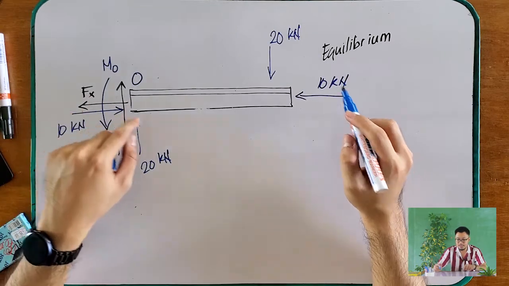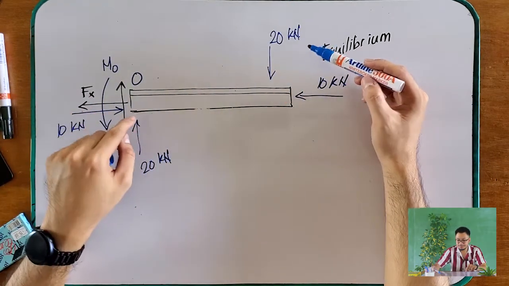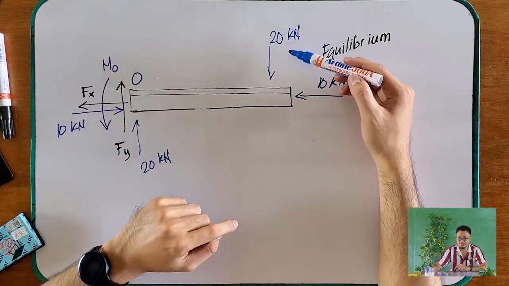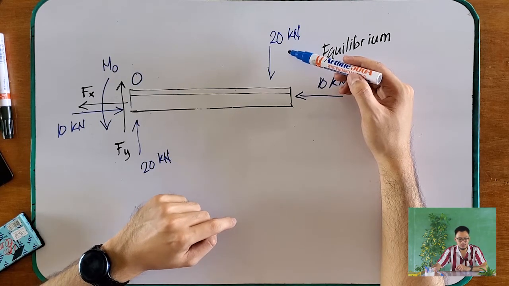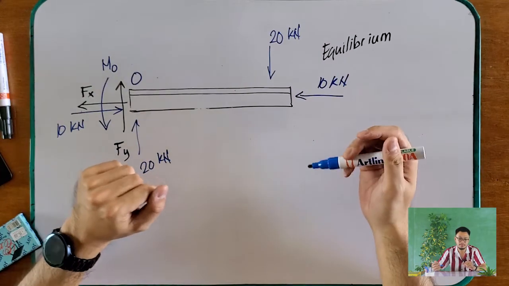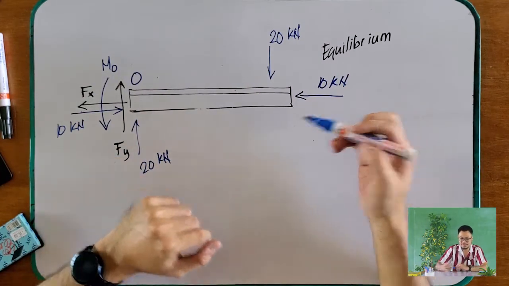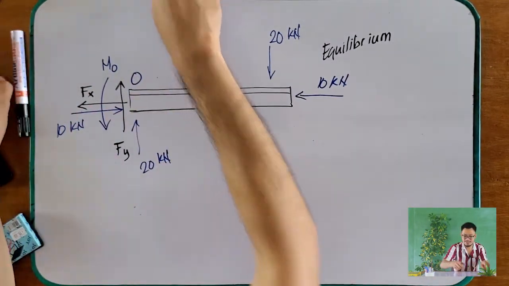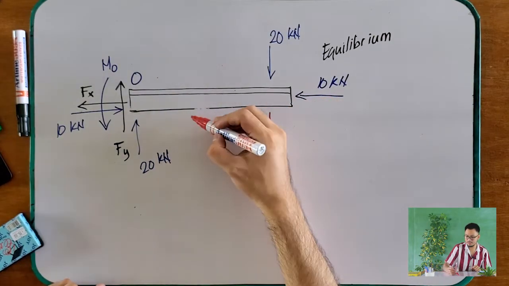And since naa man tay 20 kilonewton nga force, it will create a tendency that this beam will rotate because of moment, and let's say the distance of this one is 2 meters.